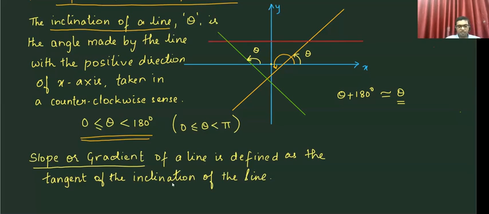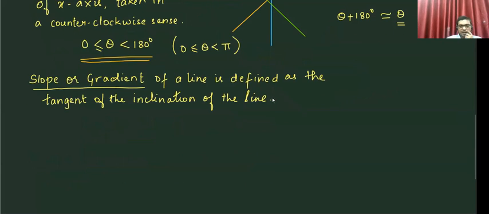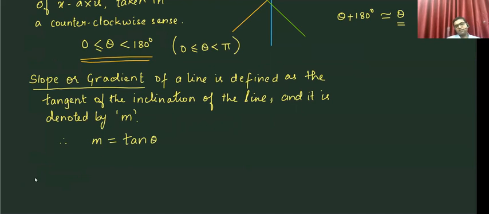This is the fundamental definition of slope, and it is denoted by m. Therefore, m is tan theta. This is the basic definition of slope or gradient of a line. Beyond this, there are other definitions, but this is the fundamental definition.